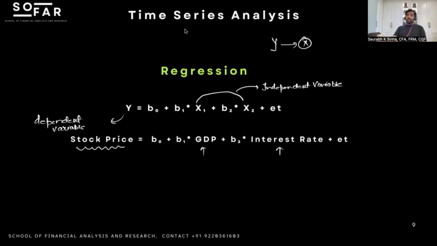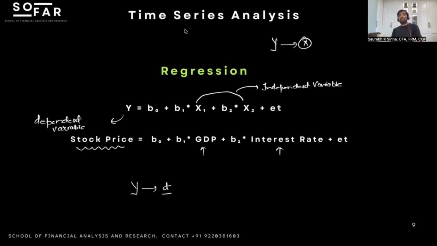Time series analysis says, okay, let's predict Y, but with the help of time. Again, time is an independent variable, but it is a special class of independent variable, time. A very weird independent variable, which is constant in this world for everyone, for every country, for every firm, for every human being.